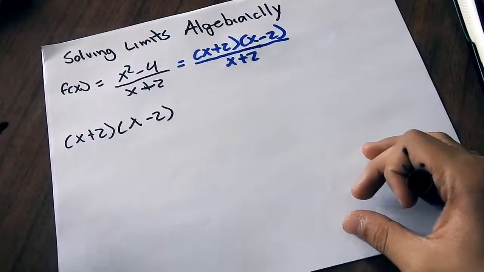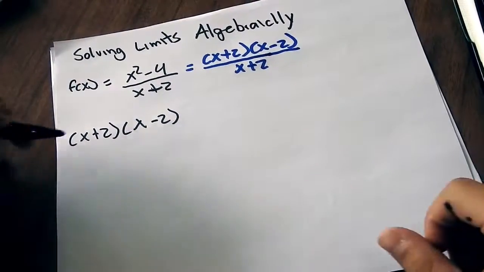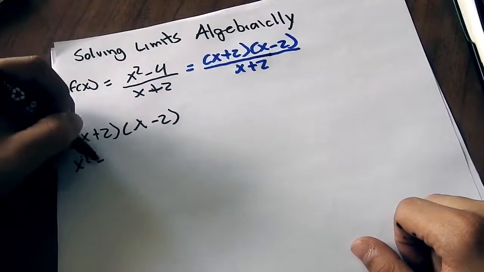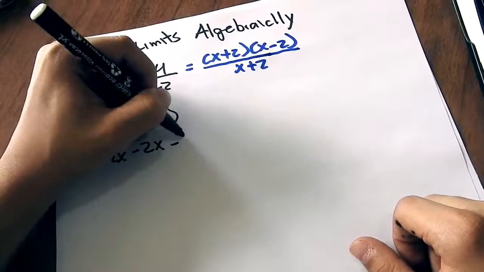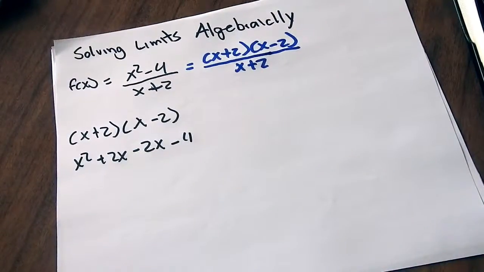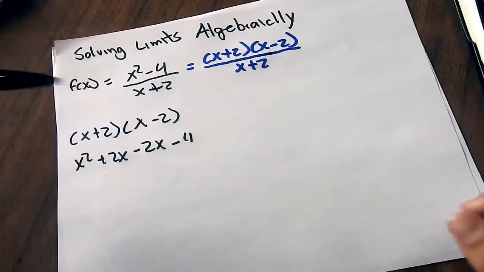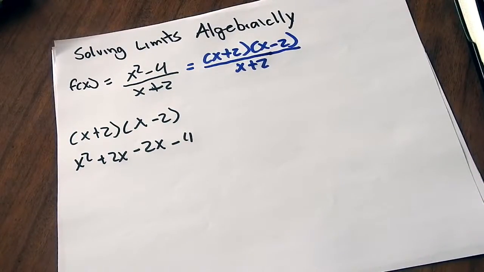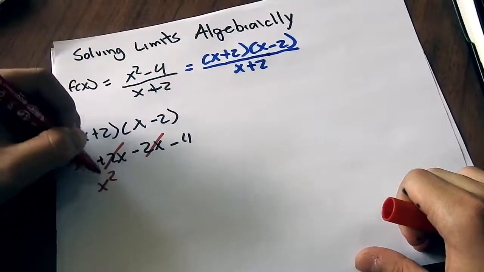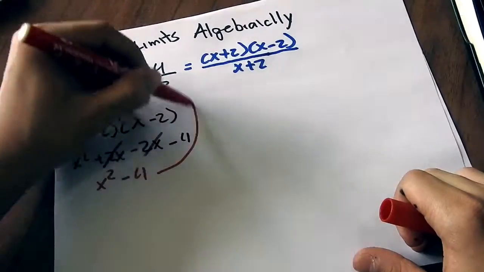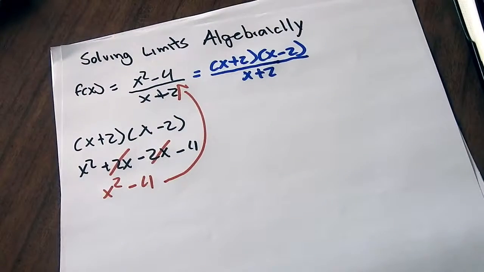So we have x plus 2 times x minus 2. If you multiply this using the distributive property, you're going to have x squared plus 2x minus 2x minus 4. 2 times 2, 2 times negative 2, negative 4. So these terms in the middle cancel out, and we're going to have x squared minus 4, which is what we have over there.